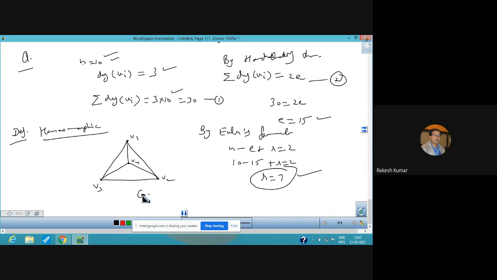Now this is the graph G. Suppose I insert a vertex on an edge. Suppose I insert a vertex on this edge, and this is your V5. Now, by doing so, the degree of this vertex should be 2. Yes, it is 1 on this side, 1 on this side.